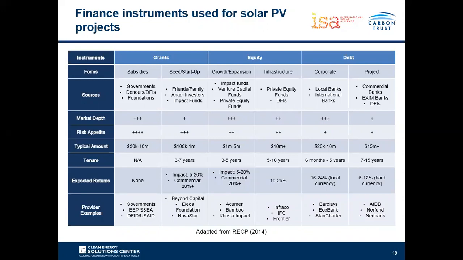They're willing to take on additional risk to facilitate deployment of these emerging technologies or these pioneering projects. And in some cases, they don't expect any returns, which means that the cost of the capital from this instrument is very cheap for the developer, or it can be commercial, depending on the source.